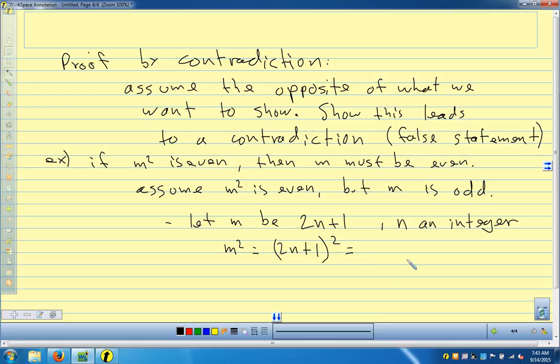And when we square this, I get 4n squared plus, what do we get, 4n plus 1. And this plus 1 should be a clue here. So I'm going to rewrite this. I'm going to factor out a 2: 2 times (2n squared plus 2n) out of just this first part, plus 1.